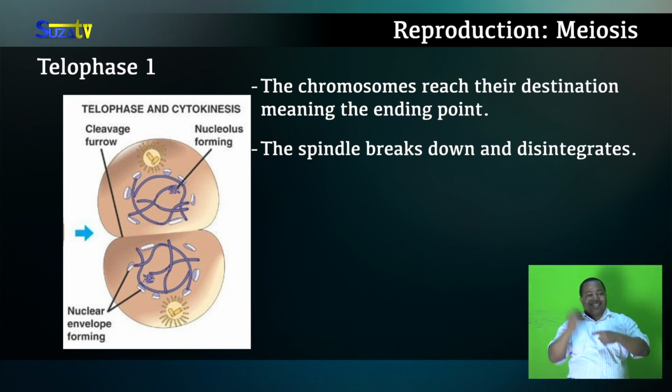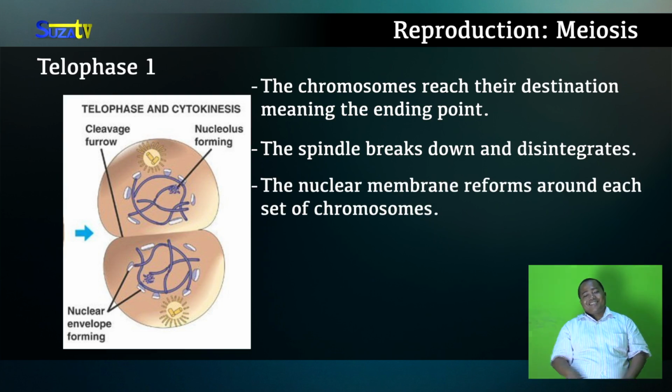And here we see that they have already reached their destination. So there is no need for them to be here. That's why they disintegrate and disappear. Thank you very much.